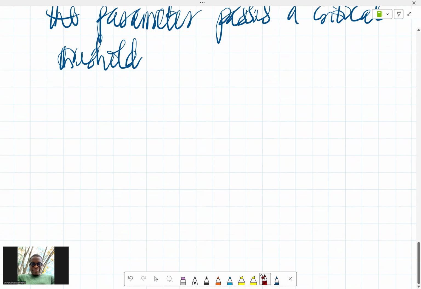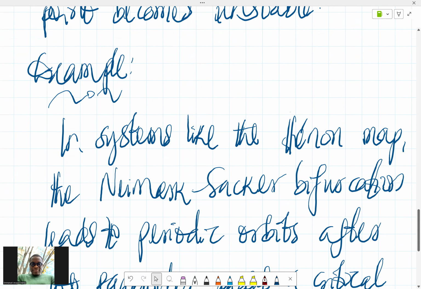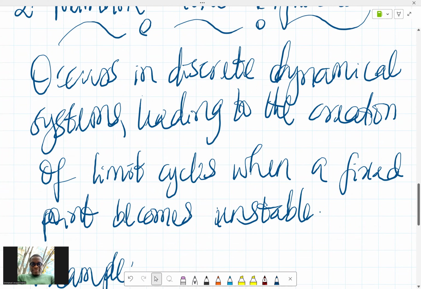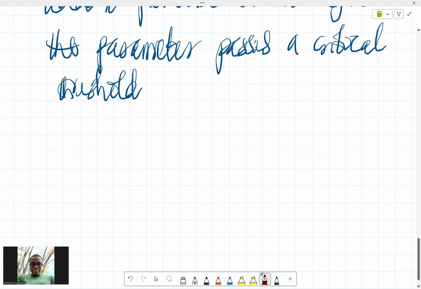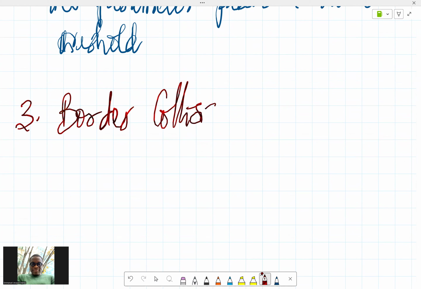Now we go for another one. We've talked about two right here. The third one for advanced bifurcation types is the border collision bifurcation.